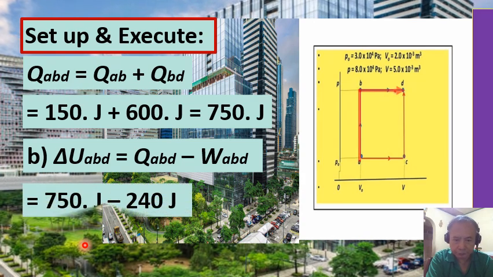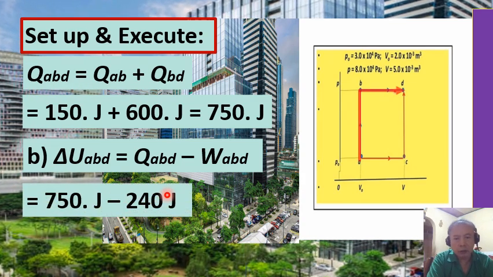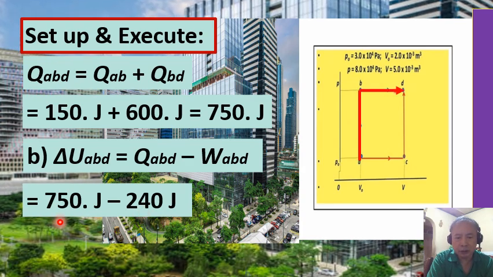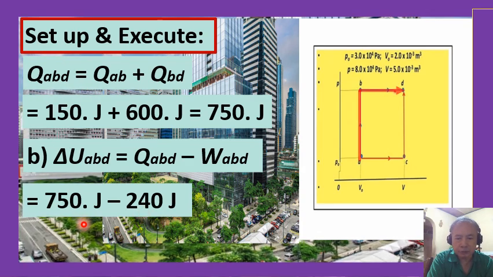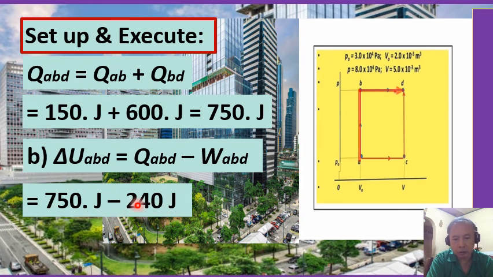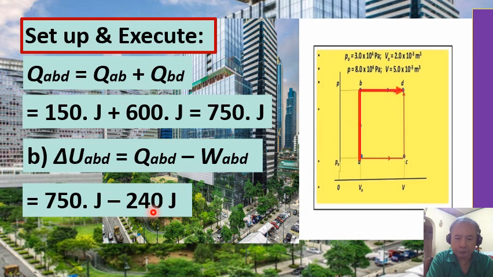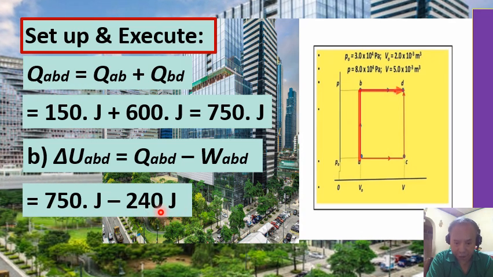So, delta U sub ABD equals 750. joules minus 240 joules. Take note, 240 joules only has two significant figures.